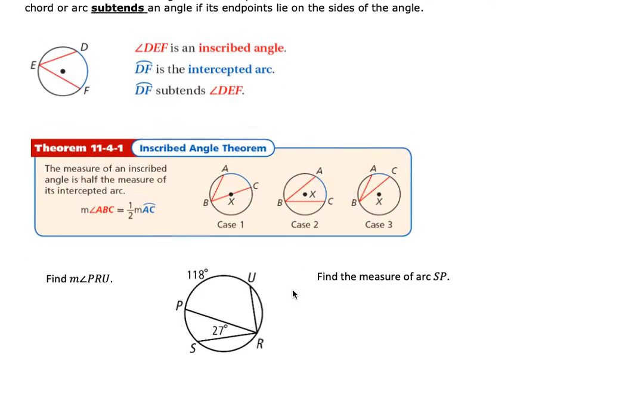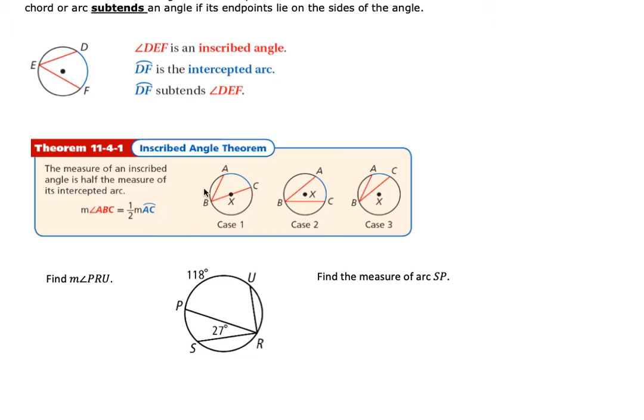So here in theorem 12.4.1, we have a few different examples of inscribed angles. As long as the vertex is on the circle and your ends are on the circle, you have an inscribed angle. And the rule is the same for all inscribed angles, whether they go through the center or not.